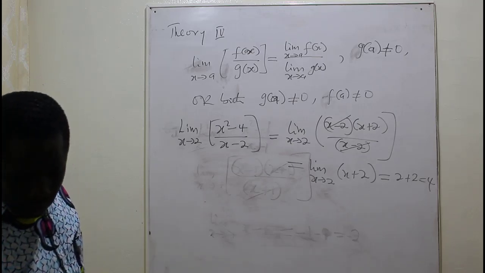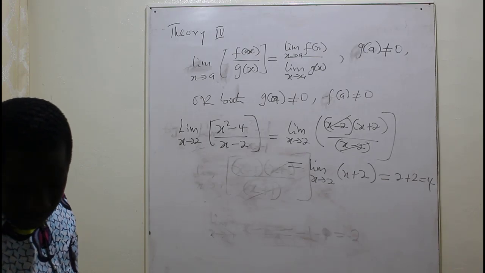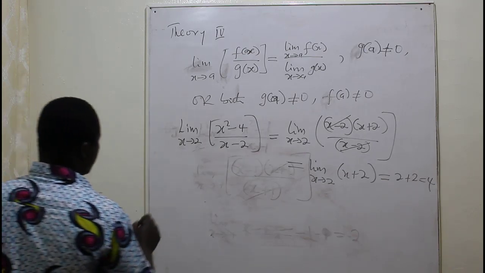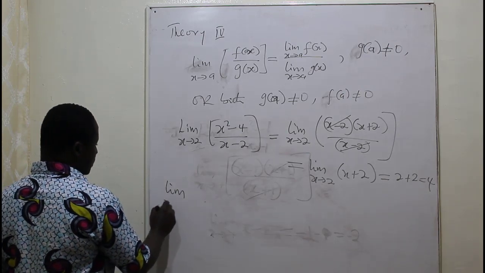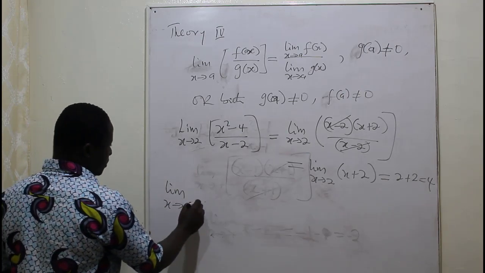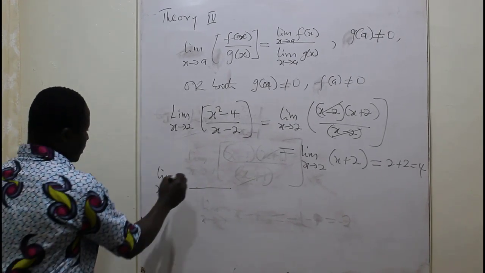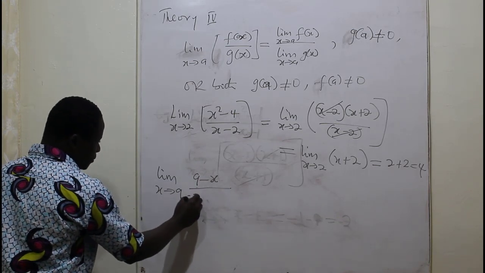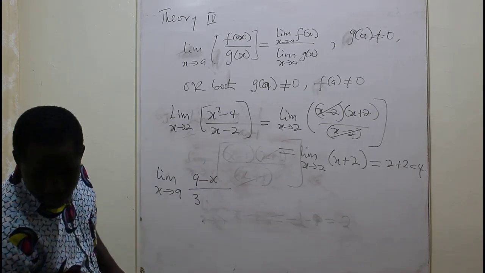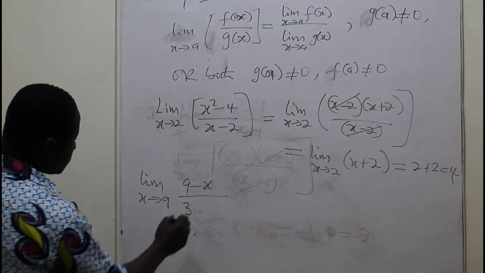We want to also consider another example. We have the limit as x approaches 9 of 9 minus x over 3 minus root x.